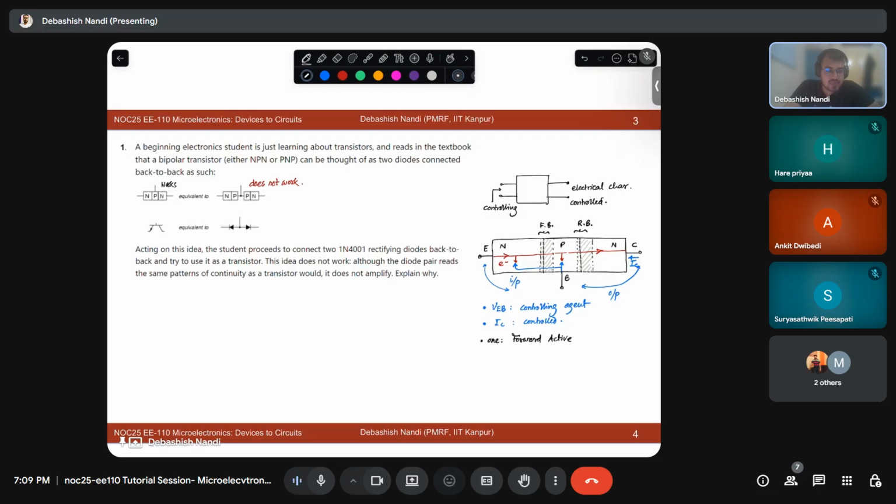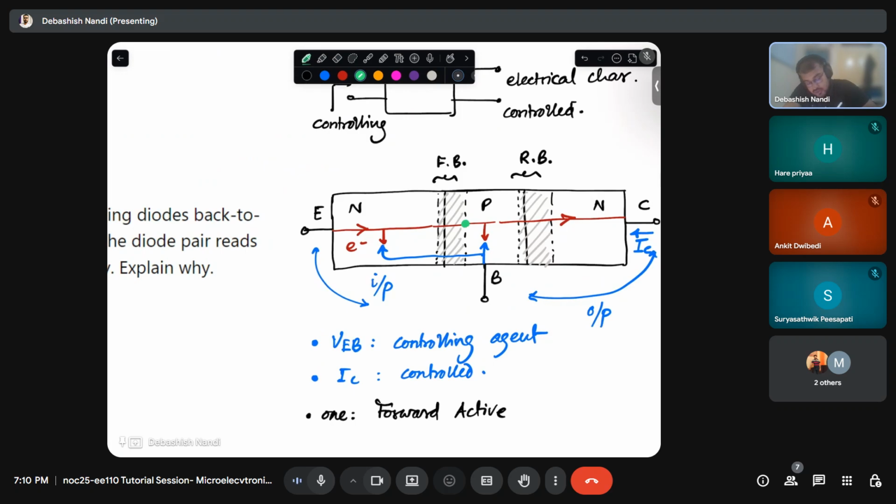So what happens when this junction, the EBJ, is forward biased? Electrons will get injected from the emitter, and as soon as it reaches the P side, for example, as soon as it reaches this point, the red line is the motion of the electron.